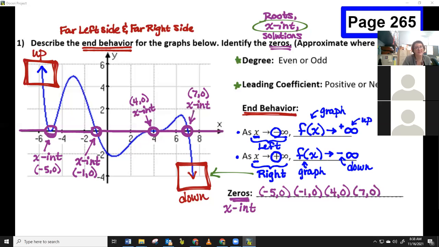All right, there's two pieces that I said we were going to save for the end, the degree and the leading coefficient. So when I'm looking at the degree, I want to know whether the ends are going the same way or different ways. For even, that means my ends are pointing in the same direction.